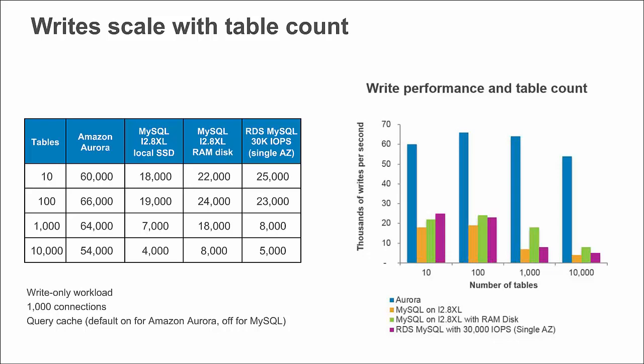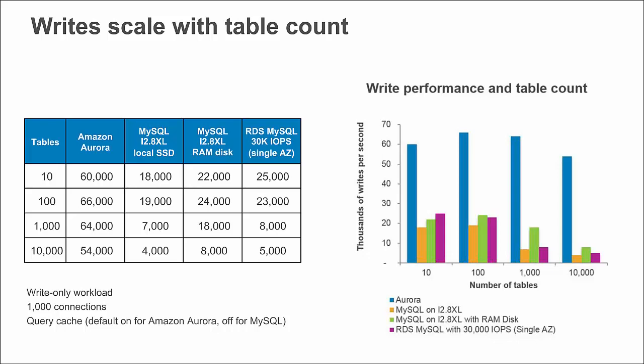So if you look at this table here, as we increase the number of tables from 10 to 100 to 1,000 to 10,000, you see that between 100 and 1,000, the difference in Aurora performance is pretty much negligible, going from 66,000 to 64,000, whereas on MySQL, whether on RDS or on EC2, it's substantial.